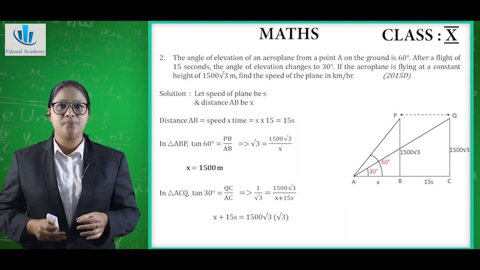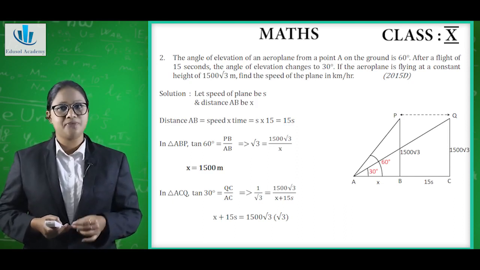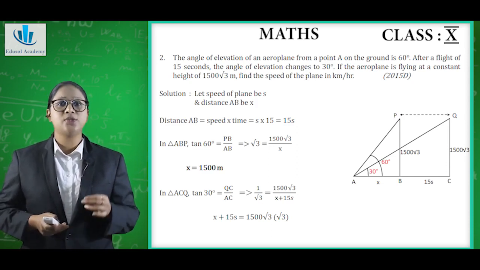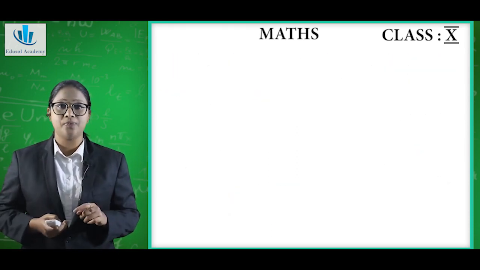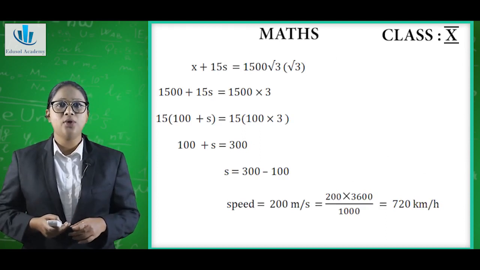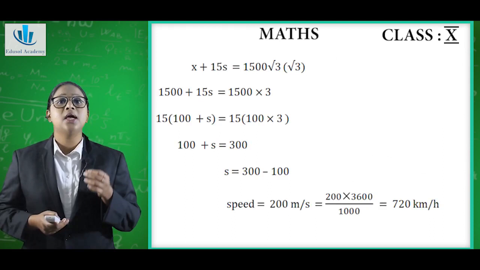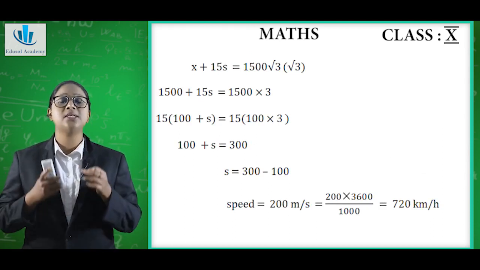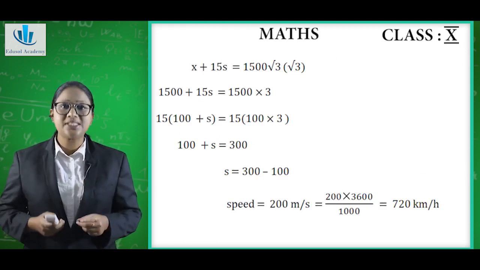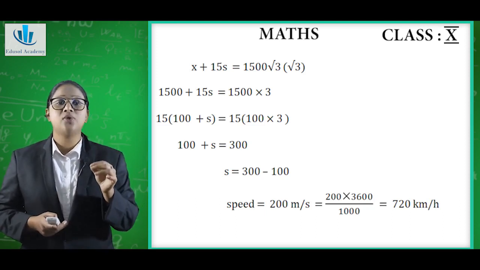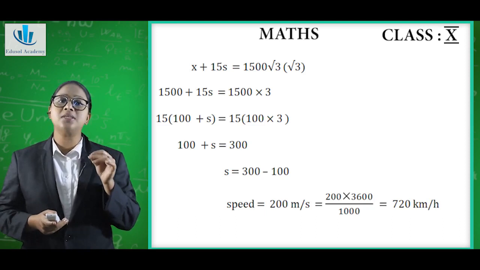So 15s. So x plus 15s is equal to 1500 root 3 into 3 after cross multiplication. Now we will get the value of s by putting the value of x as 1500, so 300 minus 100, that is equal to 200 meter per second. Now the question has specifically asked us to find it in kilometer per hour.